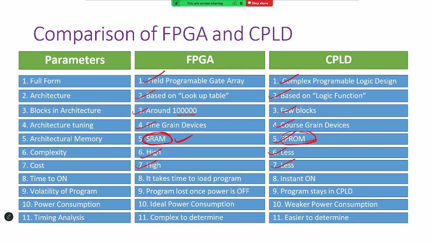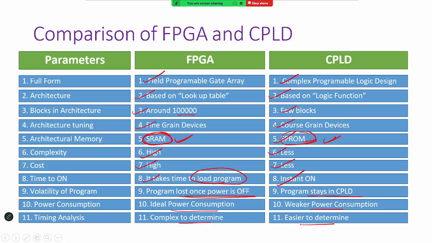Time to turn on: FPGA will take time to load the program, while CPLD gets on instantly. Volatility: once power is off the FPGA program is lost, while the program stays in CPLD, due to this reason. And power consumption: high in one and low in the other, complex to determine and easier to determine.